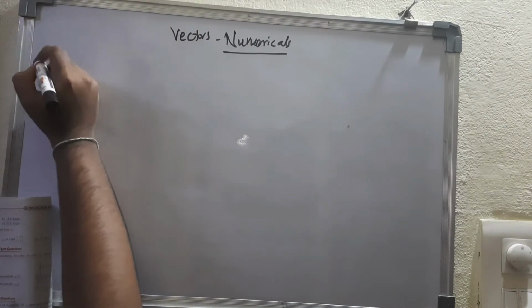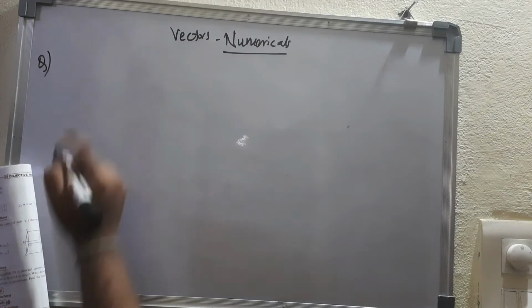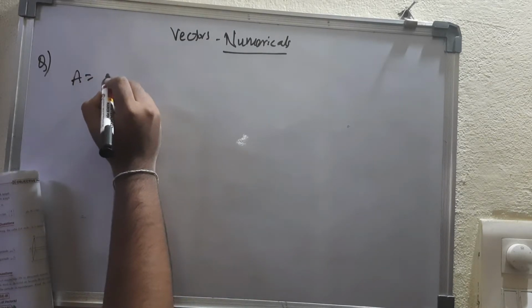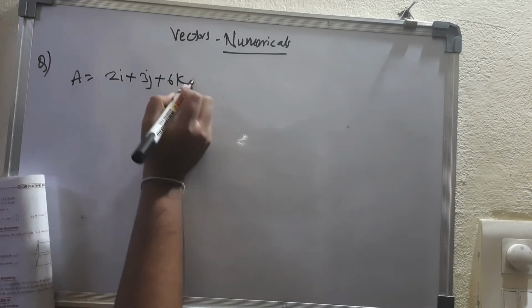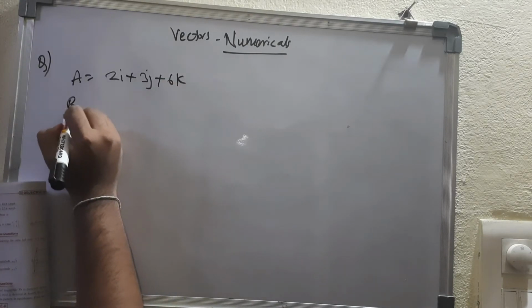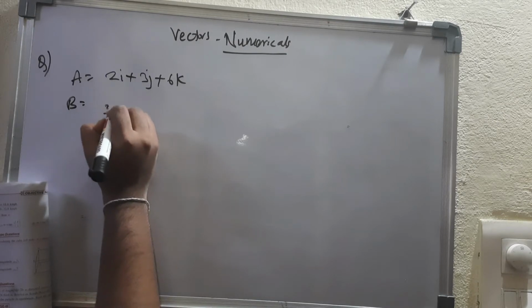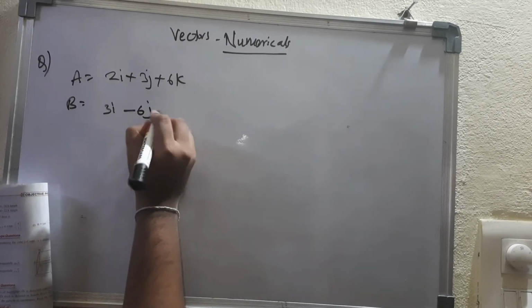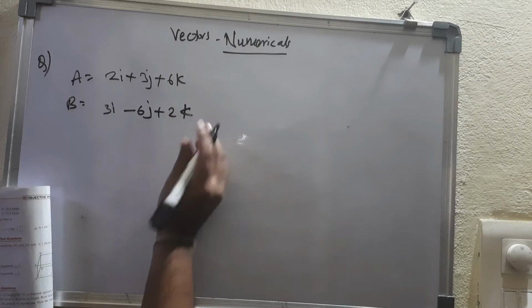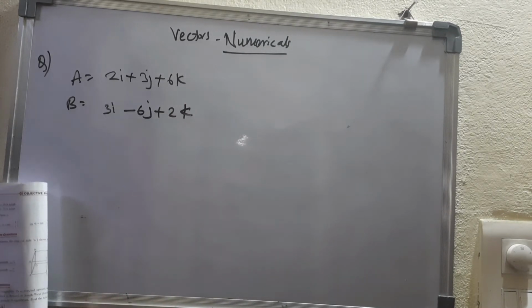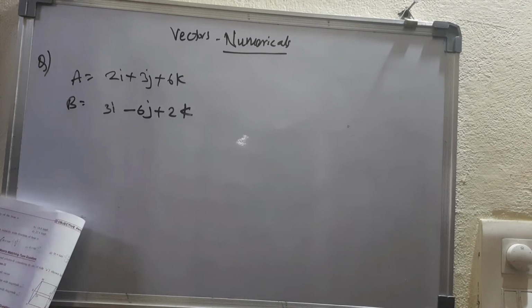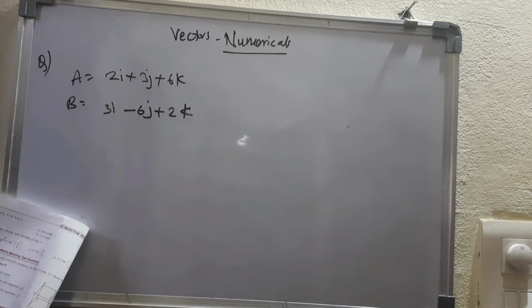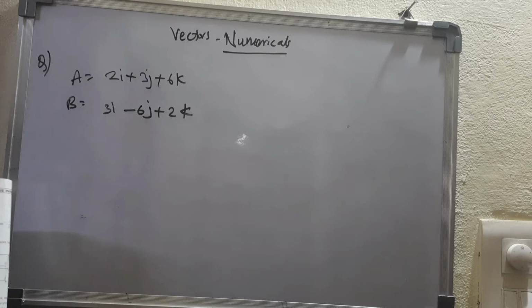What is this question? I don't know the question number. Given A is equal to 2i plus 3j plus 6k, and B is 3i minus 6j plus 2k, and a vector perpendicular to both A and B has magnitude k times 6i plus 2j minus 3k, then k is equal to.